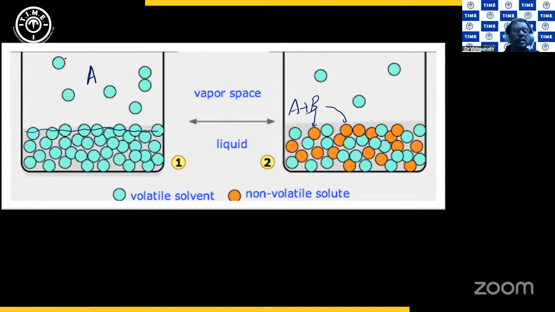How many A molecules were here? 1, 2, 3, 4, 5, 6. Here only 3, which means there is a lowering of vapor pressure because of the addition of a non-volatile solute. Here, the orange one is the non-volatile solute and the bluish green is the volatile solvent, that is A.